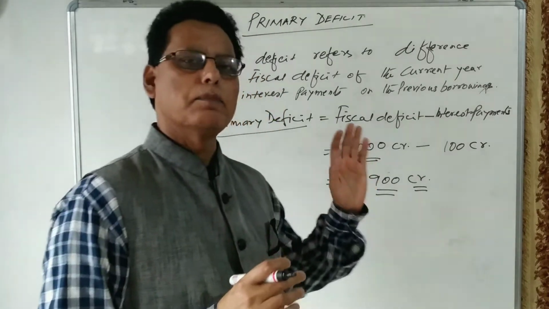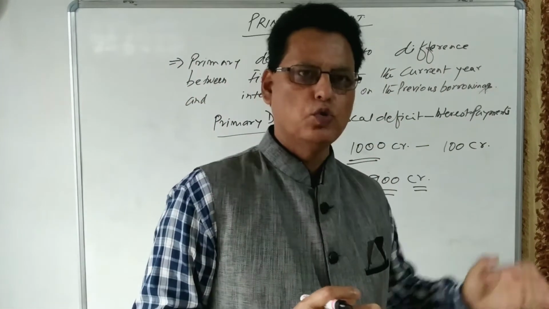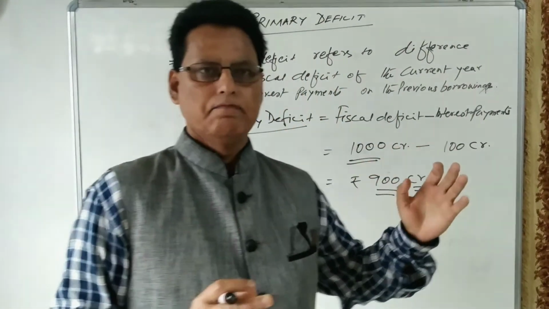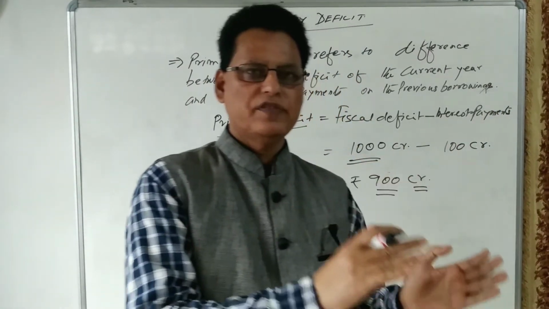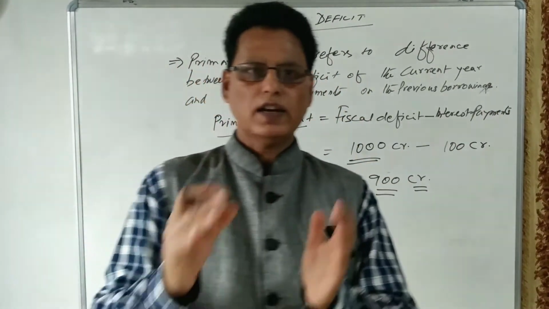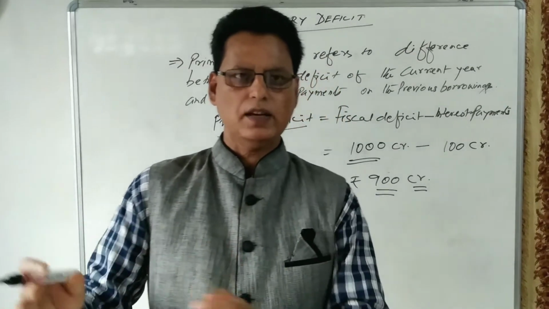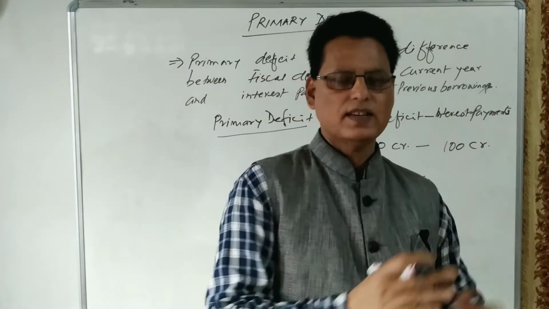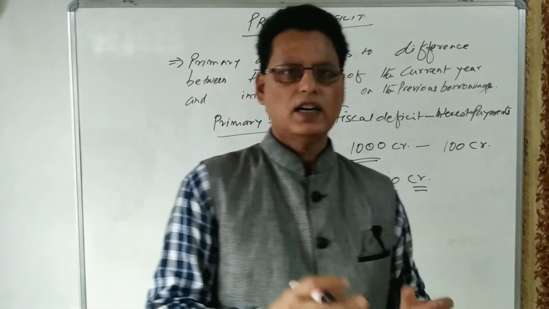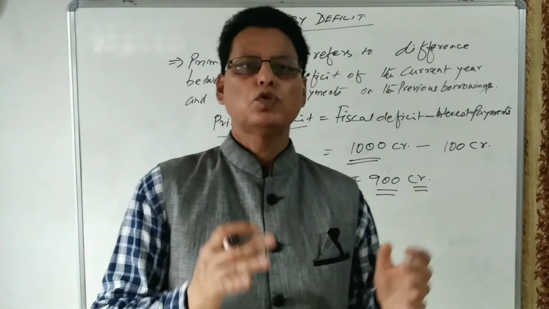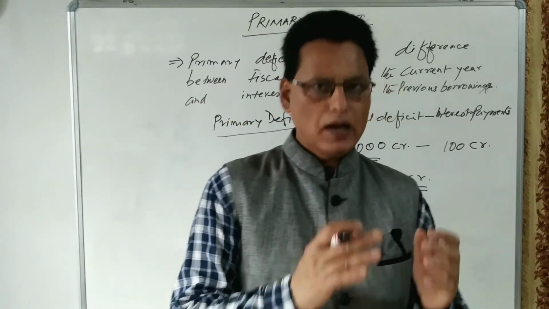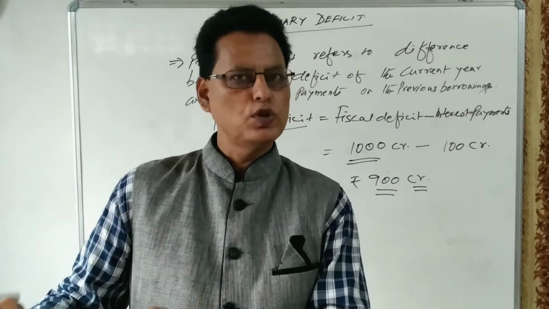In the previous classes, we discussed the revenue deficit, which is the difference between total revenue expenditure and total revenue receipts. The second one is the fiscal deficit, which is total expenditure minus total receipts excluding borrowing.